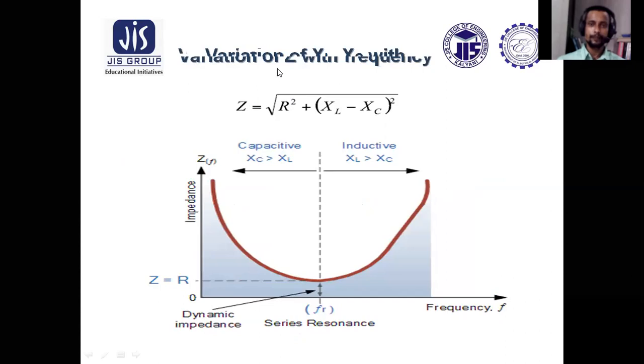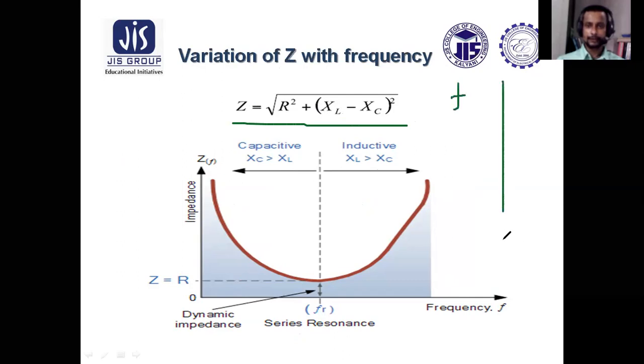Now, how does impedance Z vary with frequency? This is the formula for impedance. Say this is frequency, this is Z. Suppose R equals 1 ohm. Before resonance, as we discussed earlier, XC is more than XL.